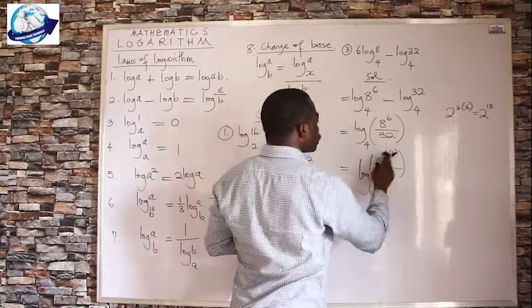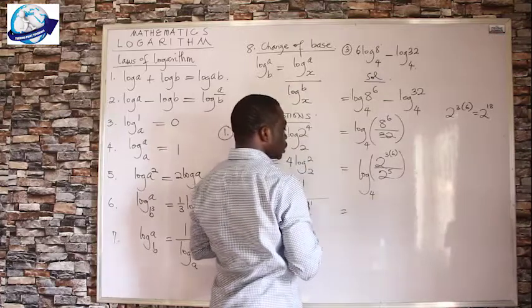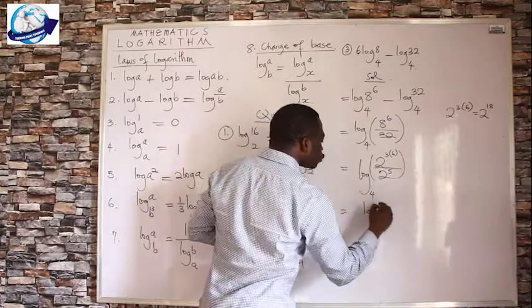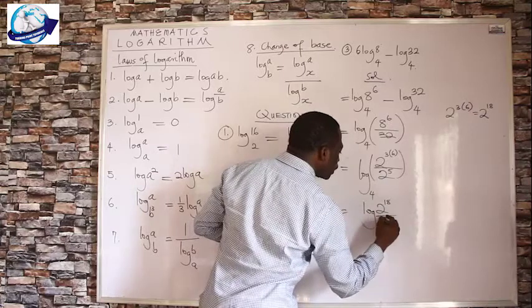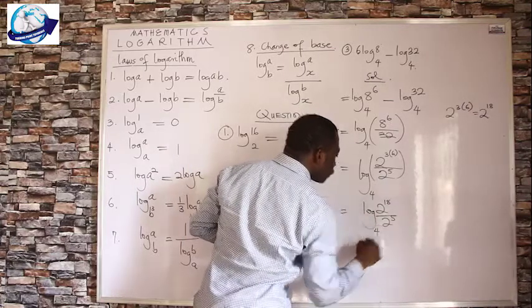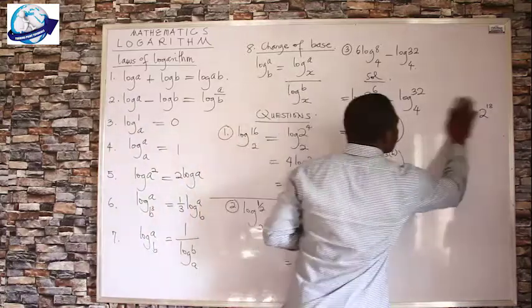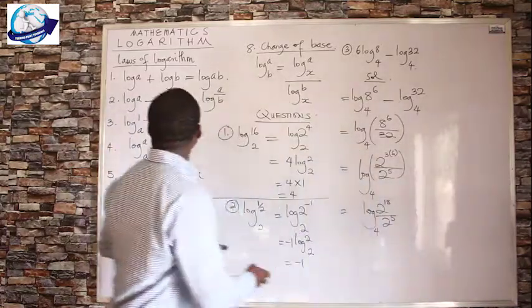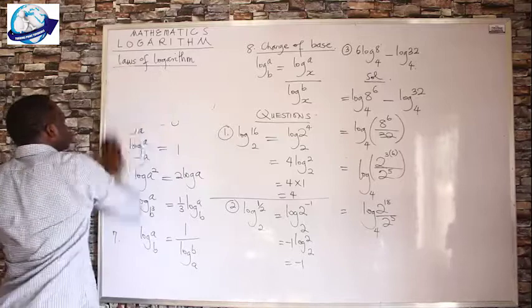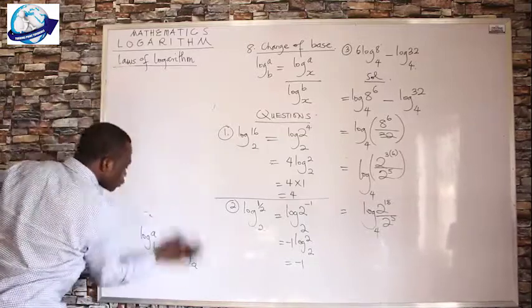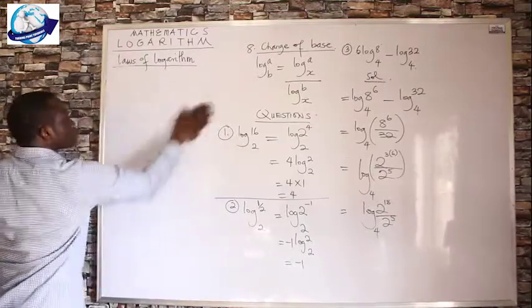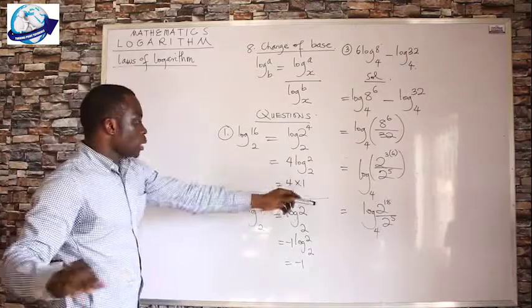This gives you 2 power 18. That's log of 2 raised to the power 18 all over 2 raised to the power 5, base 4. Let's make progress from here.